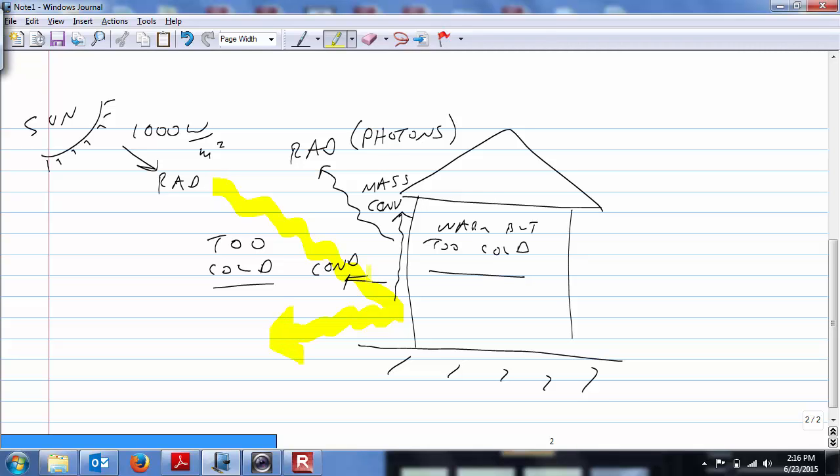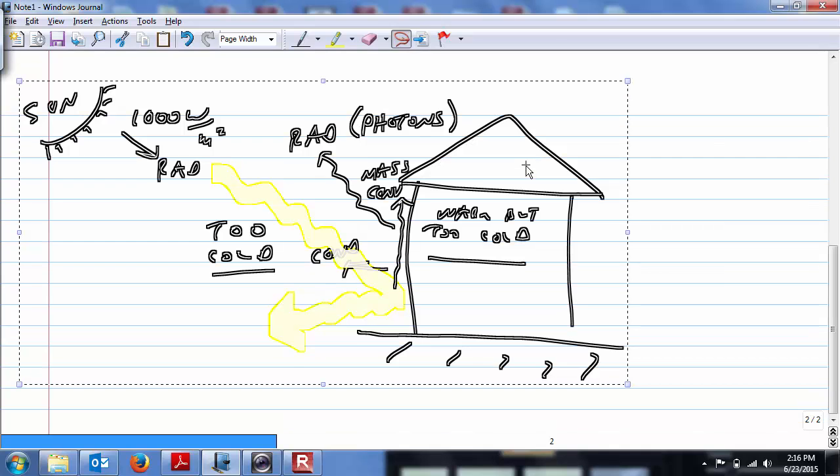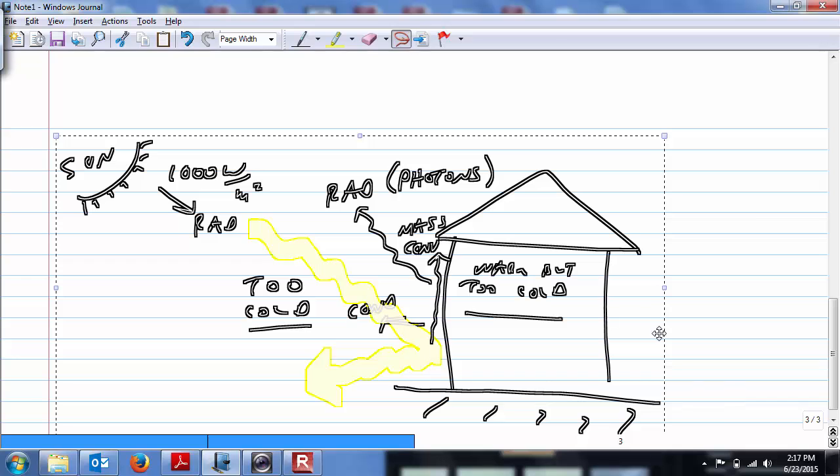That's a wasted resource. It's a wasted potential resource that you could have used to heat the house. And that's exactly what you're doing with your two technologies. So if I just take this whole thing, copy, paste.